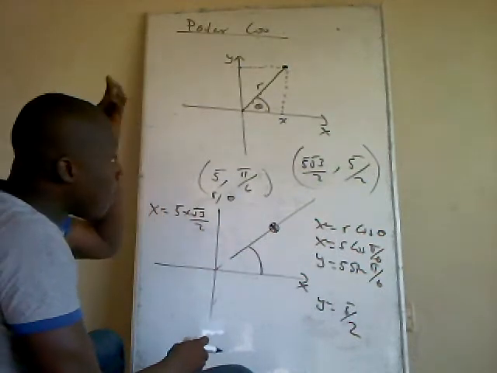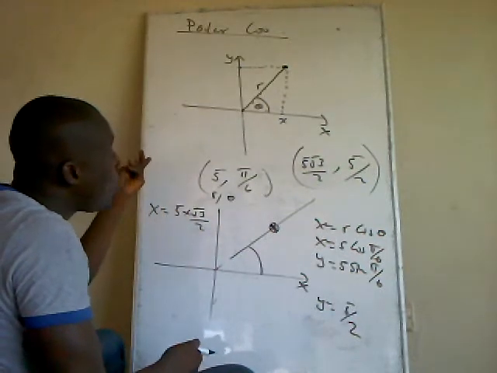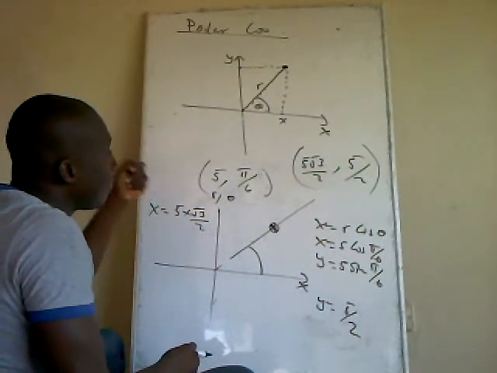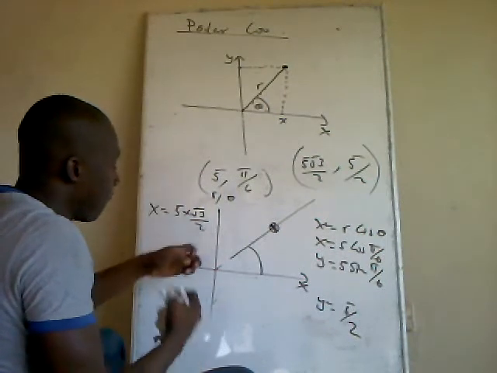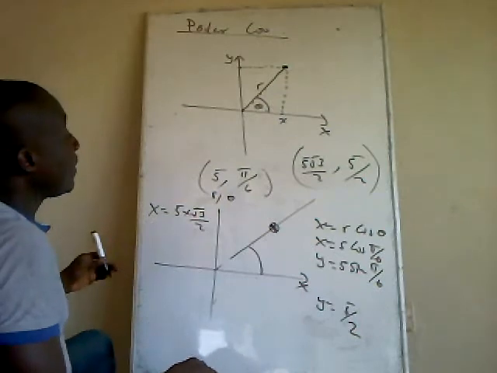We can also convert a point from Cartesian to polar. Okay, let's see.